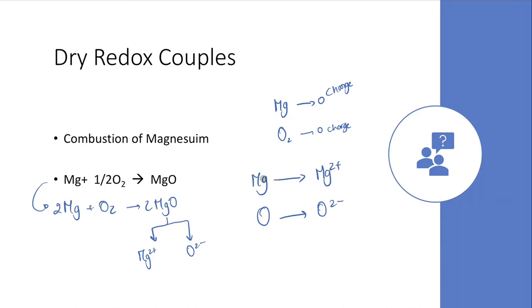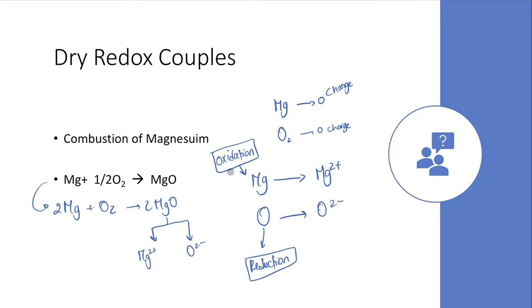Mg loses 2 electrons to give them to oxygen, which gains 2 electrons. So Mg loses 2 electrons, so it undergoes oxidation, and oxygen undergoes reduction because it gains 2 electrons. It was neutral, then it becomes negatively charged, so it gains 2 electrons.